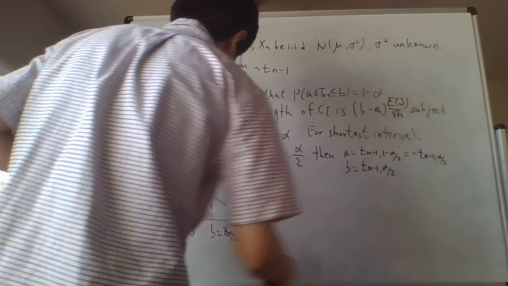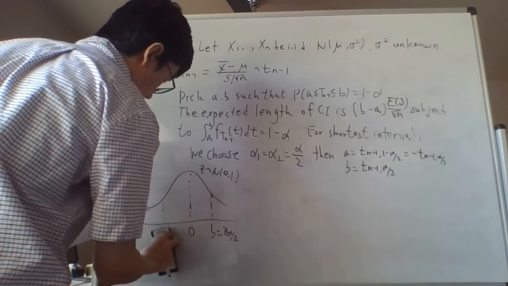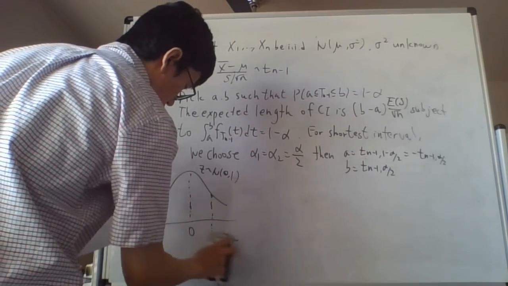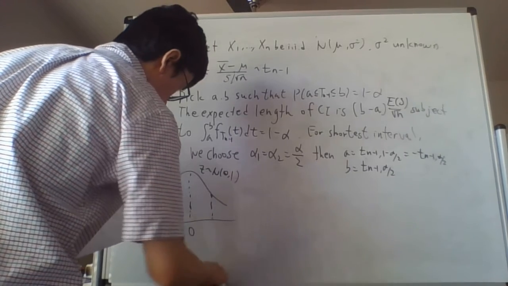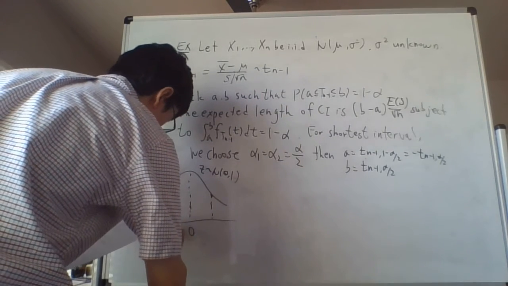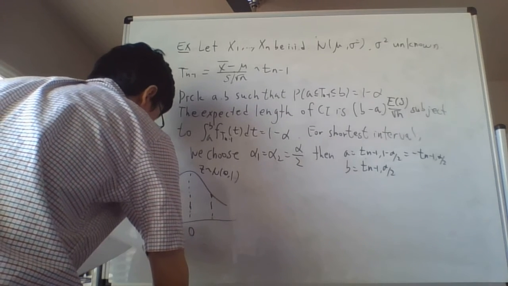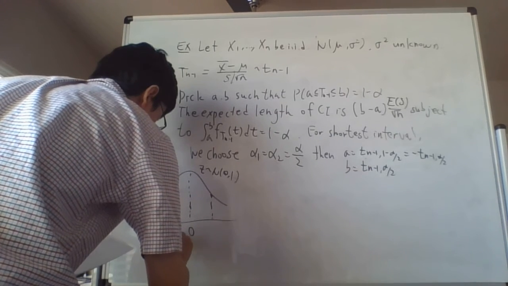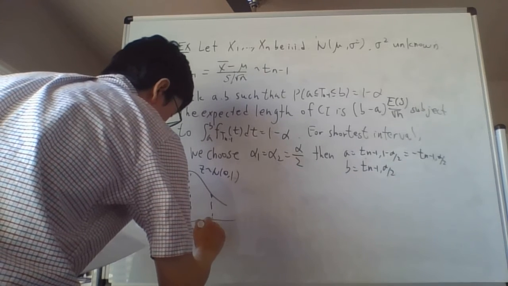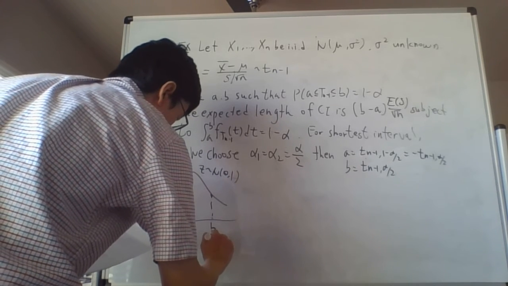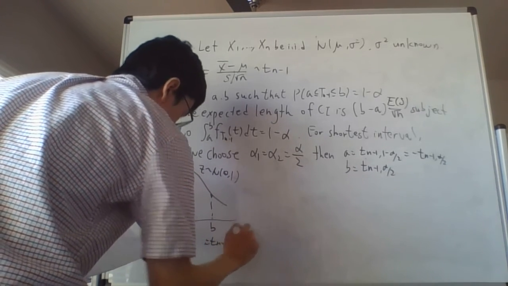So your A is minus t n minus 1 alpha divided by 2, and B is t n minus 1 alpha divided by 2.